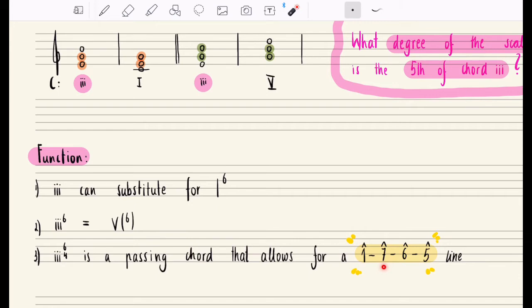But if we harmonize this as chord 3, then the 7th degree of the scale doesn't have to go up. It can move by step down to the 6th degree of the scale. So 3-6-4 gives us a great advantage of being able to write a stepwise descending line from the 1st to the 5th degree of the scale.